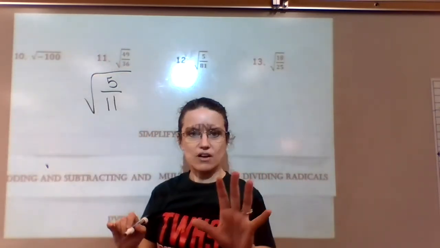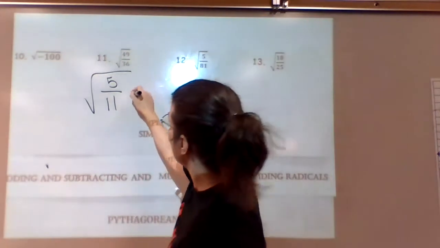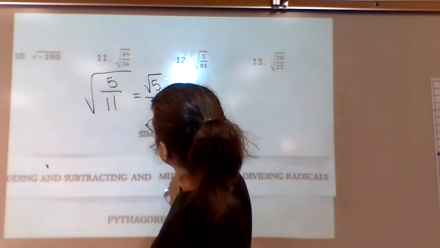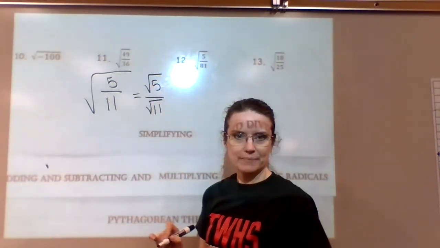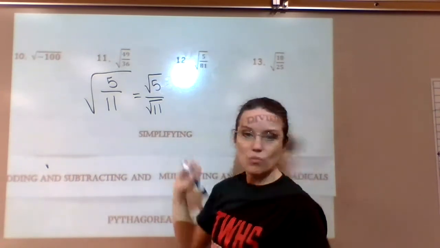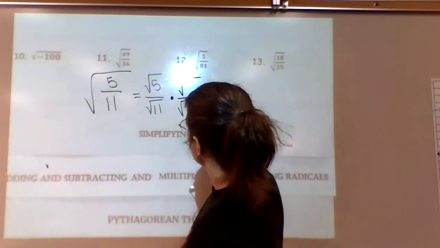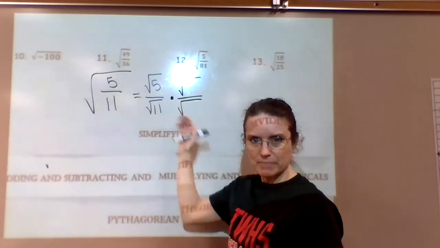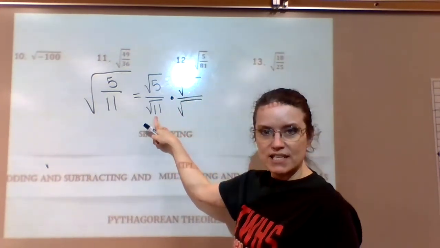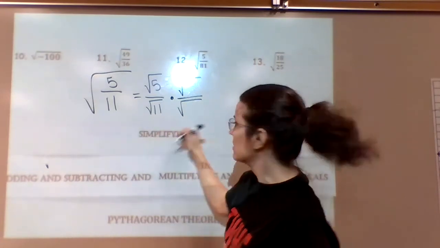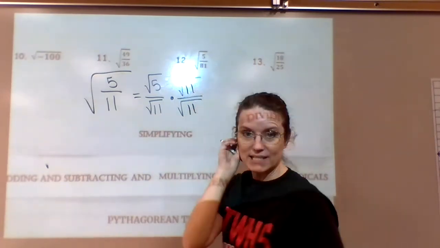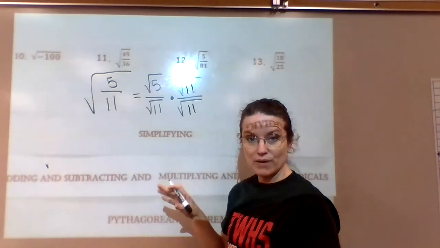Okay, to start out, we're going to break that radical up into the numerator and the denominator. And then we say, I don't want the denominator to have a radical, so I am going to times by 1. Same thing top and bottom. I'm going to use this thing that's on the bottom that I don't want and put it in both places, and that's going to help me get rid of it.